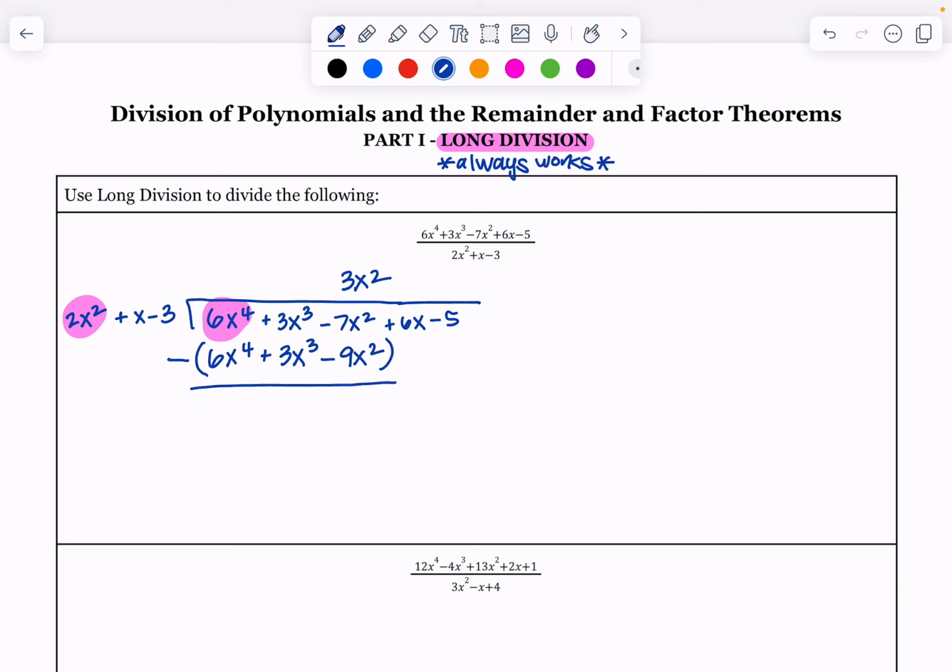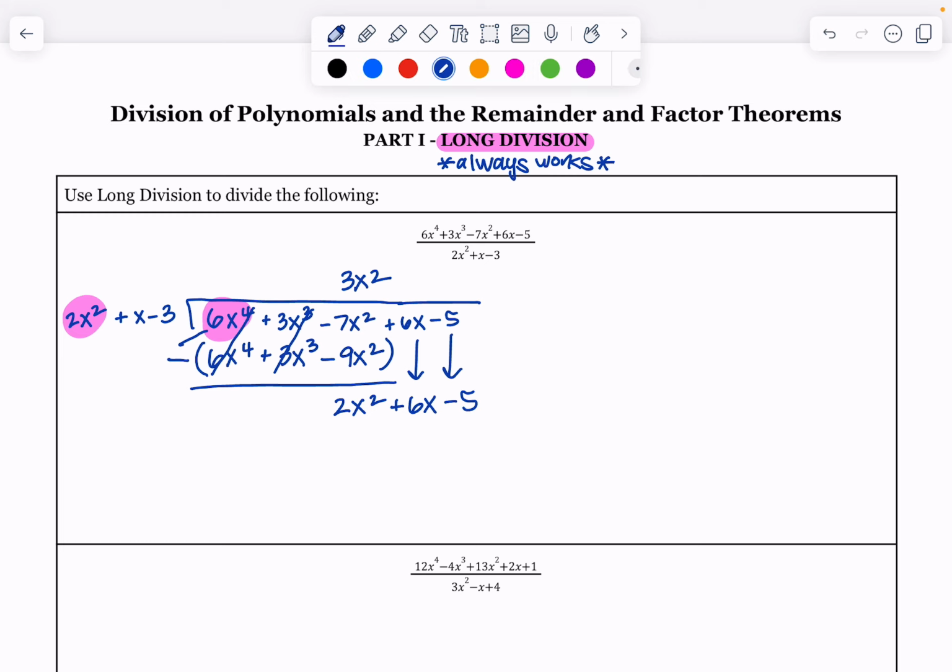And what happens is these two cancel out, and these two actually cancel out, and we're left with negative 7x squared. Don't forget this, minus negative 9x squared, so that's really plus, and that gives us 2x squared. We're going to bring down what's left and do it again, plus 6x minus 5.